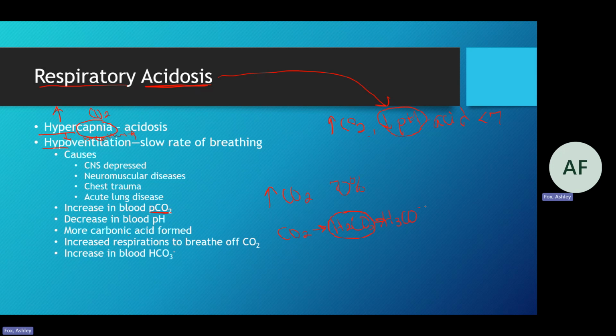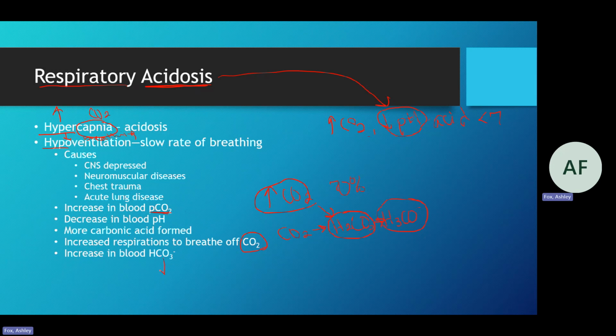Less is going to dissociate into bicarbonate. So if you have more carbon dioxide, you're going to have more carbonic acid. Your chemoreceptors are going to sense this. They're going to sense the high carbon dioxide level, the low pH, the acidity, and you're going to breathe off more carbon dioxide.